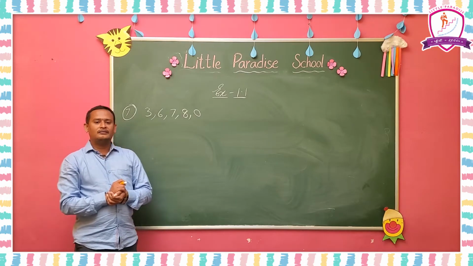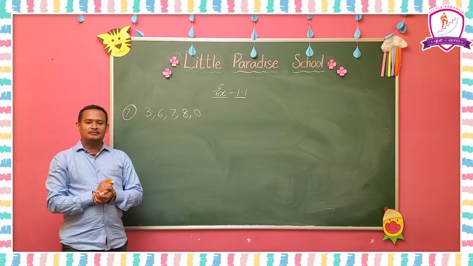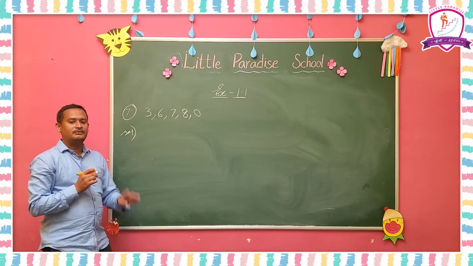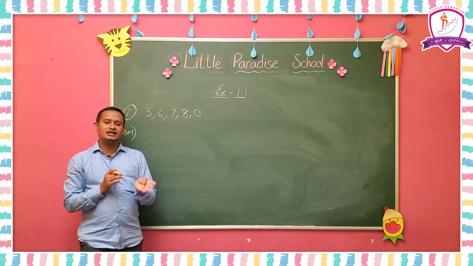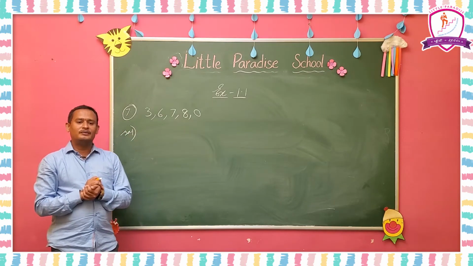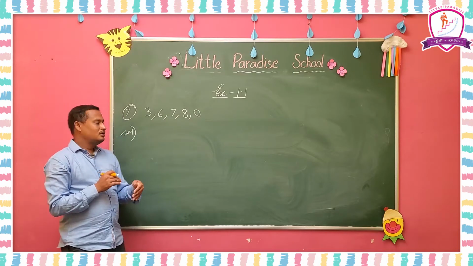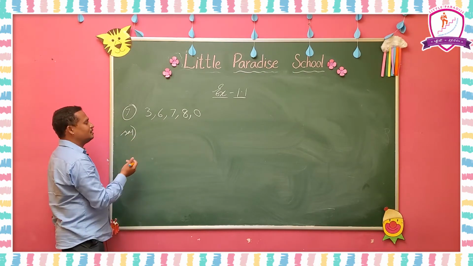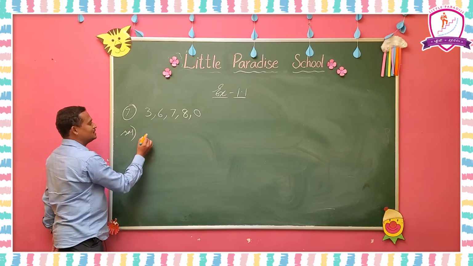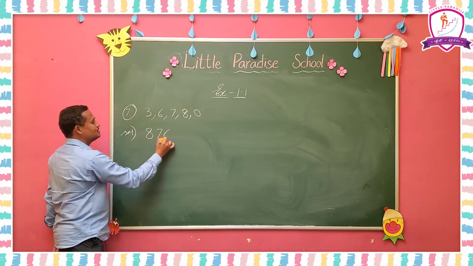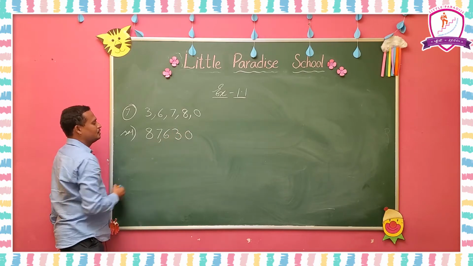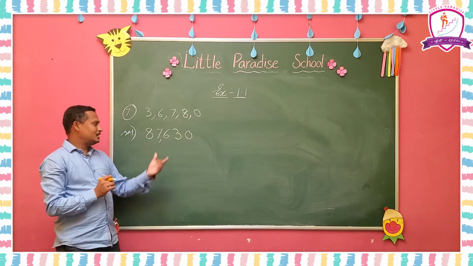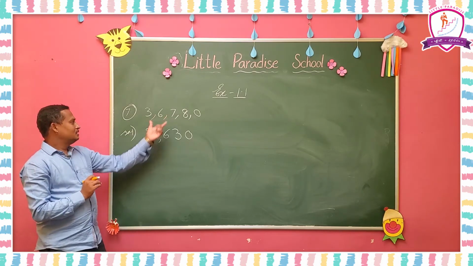We already formed the greatest 4 digit and smallest 4 digit numbers in the fourth Roman. Now we are going to arrange this as the greatest 5 digit number. Greatest 5 digit number means you have to arrange these numbers in descending order. So 87,630. This is the greatest 5 digit number using these digits.